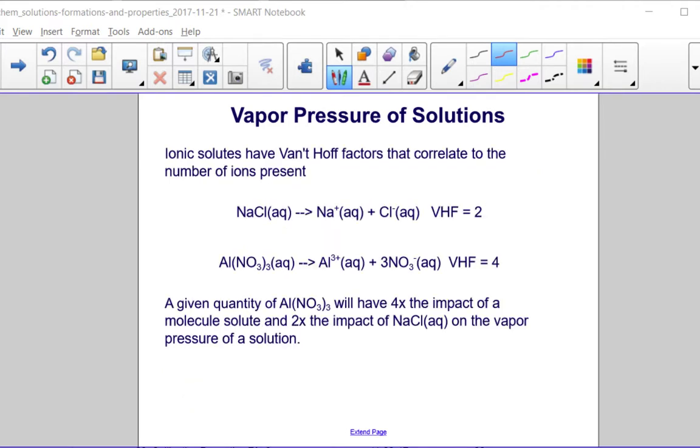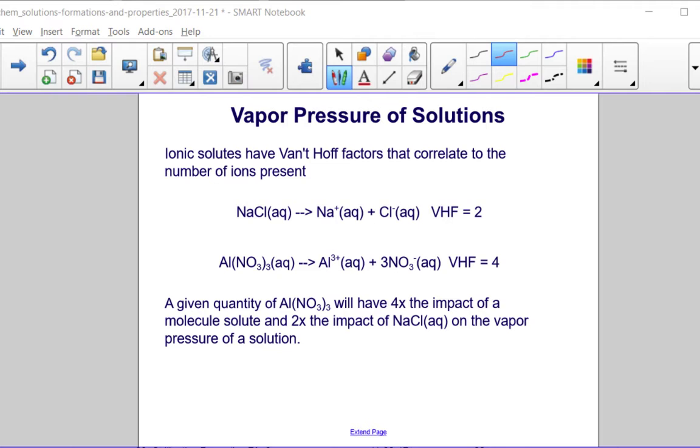Ionic solutes have Van 't Hoff factors that correlate to the number of ions present. Sodium chloride separates into 2 ions, Na+ and Cl-, so it has a VHF of 2. Aluminum nitrate is 3 nitrate ions for every 1 aluminum ion, a total of 4 ions. So it has a VHF of 4.